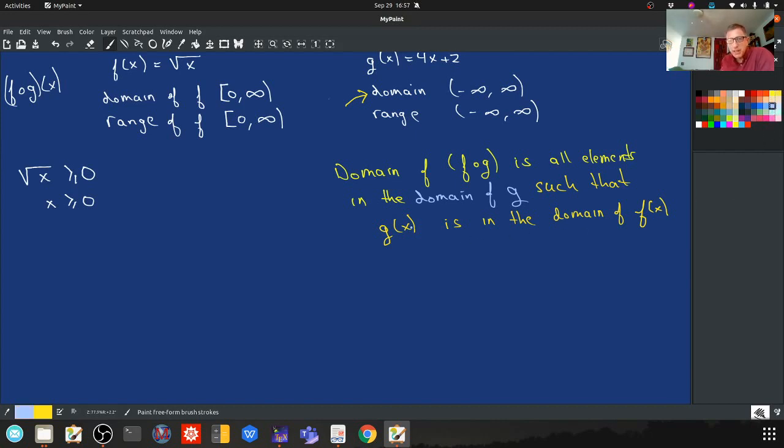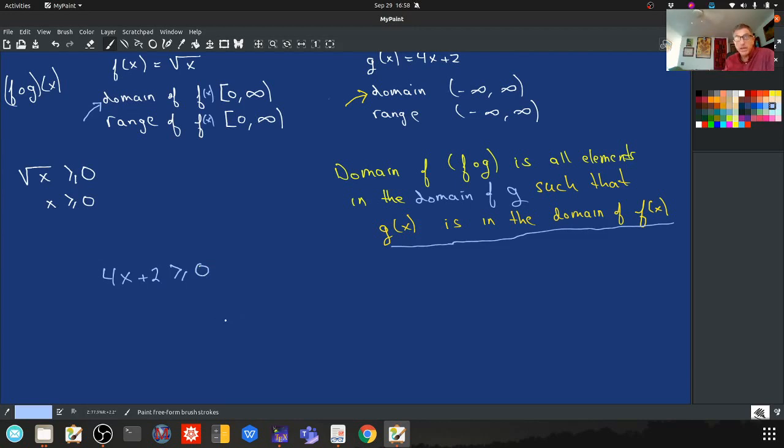And that's the key point right there. g of x is what? g of x is 4x plus 2. And I need 4x plus 2 to be in the domain of f.